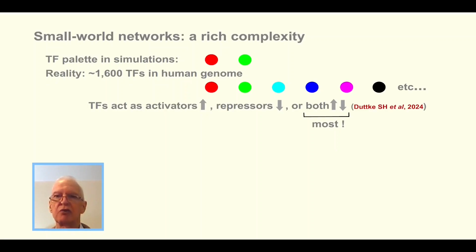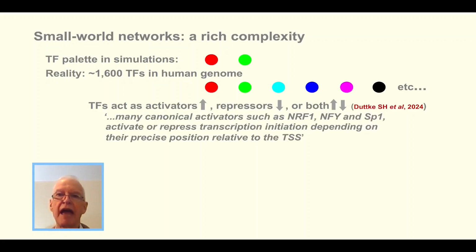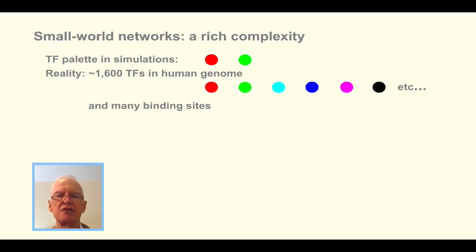And it turns out that most transcription factors, which had previously been called activators or repressors, are actually both. And whether they're one or the other depends upon their precise position relative to the transcription start site. And there are many binding sites.